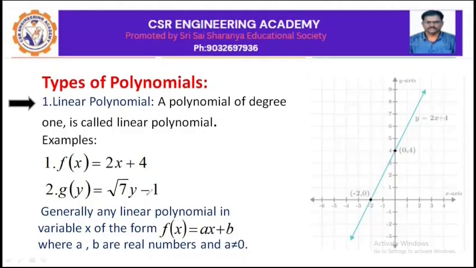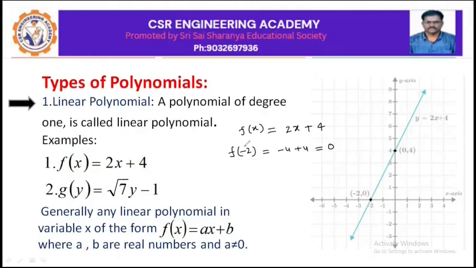For g of y equal to root 7 y minus 1, the variable is y. Let us draw the graph of f of x is equal to 2x plus 4, as shown in the figure. F of minus 2 is equal to 2 times minus 2 plus 4, which is 0.